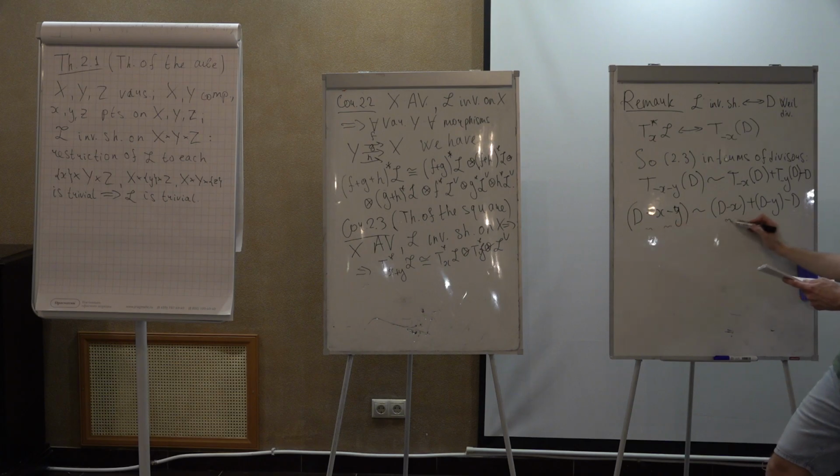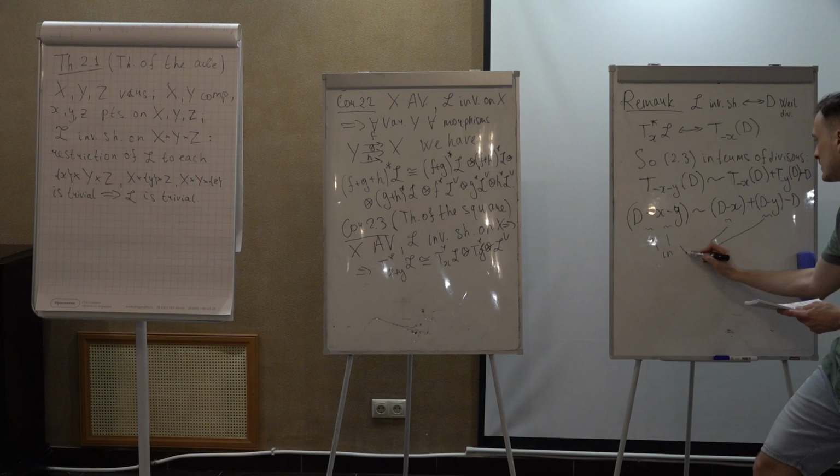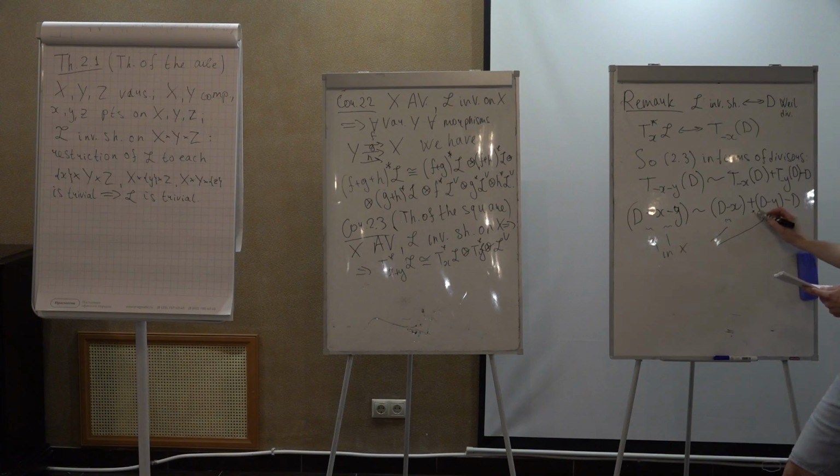So there are different operations here, so those are minuses as in variety, and those are plus and minus in the class group, okay? Yeah, so you sum them just in Weil divisors, okay.